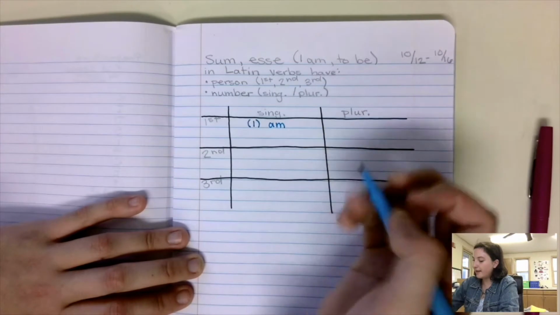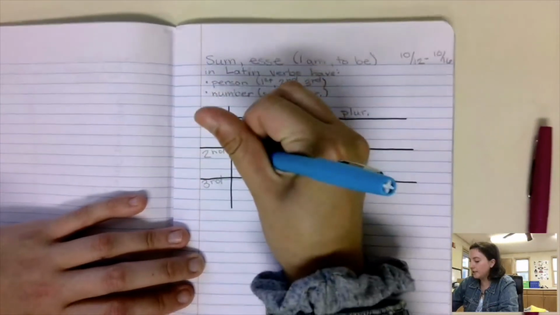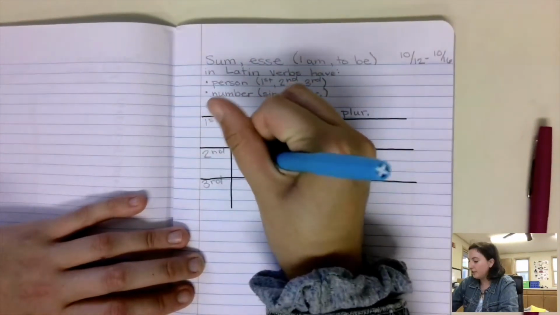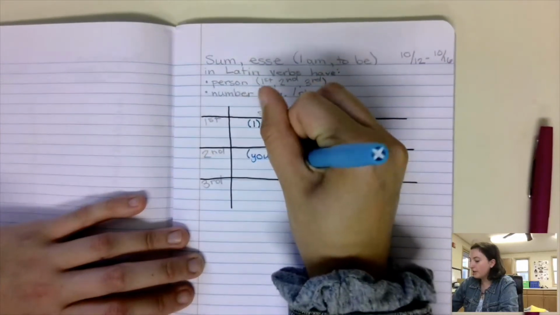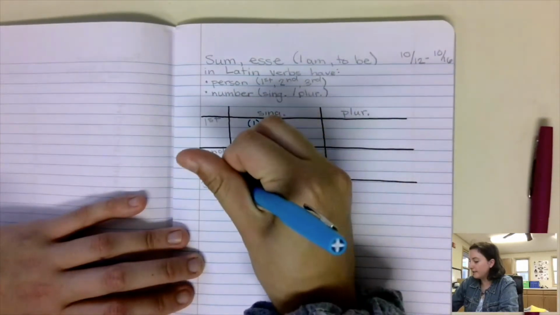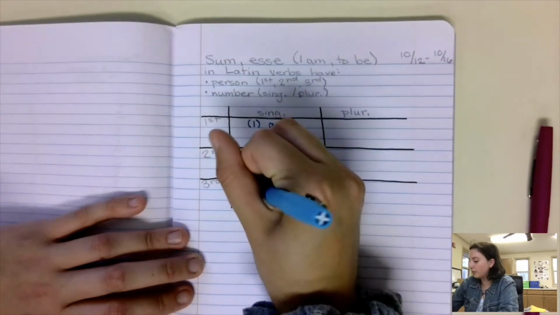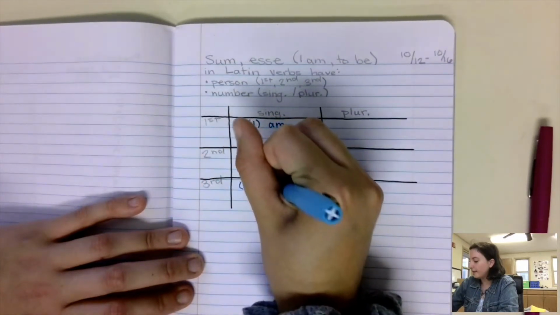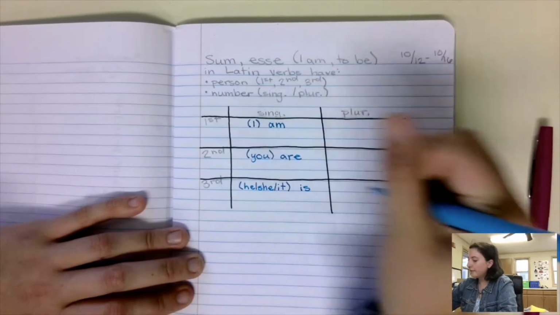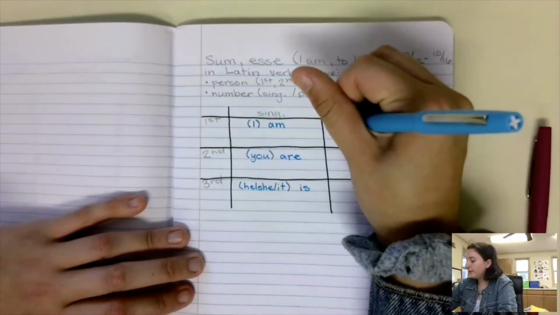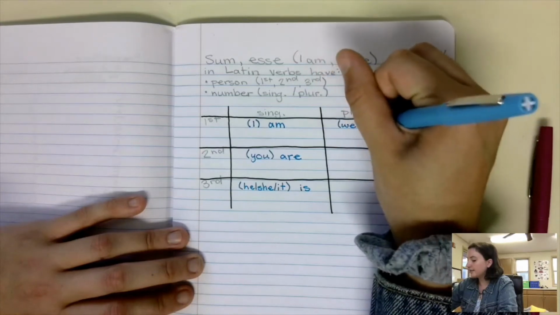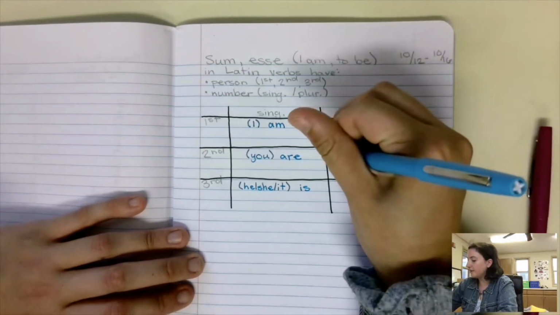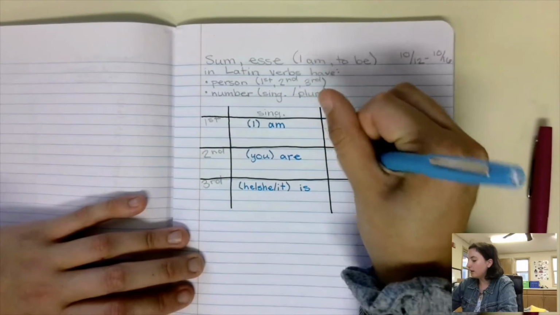The second person singular in English is you are. The third person singular is he, she, or it is. The first person plural is we are. The second person plural is y'all are.